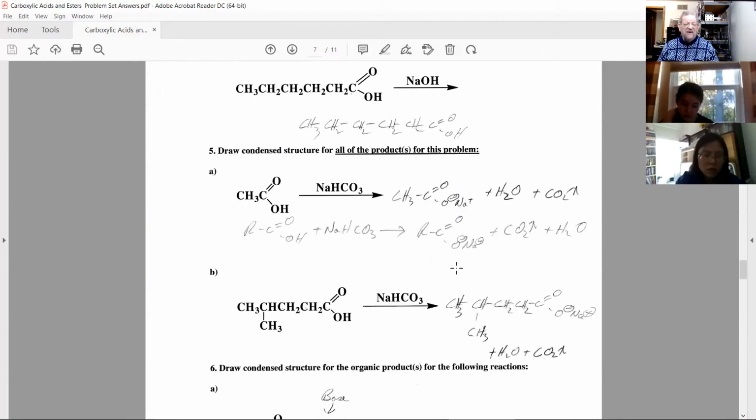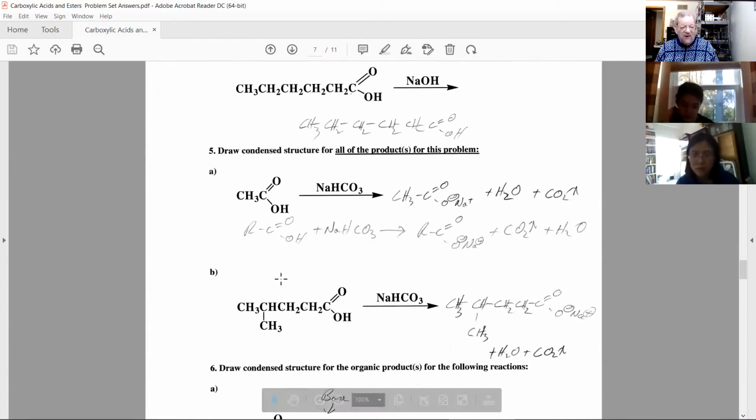Now, let's look at number 5. This is different. Draw the condensed structure for all of the products for this reaction. And the reaction is reacting a carboxylic acid, that's what this is, with baking powder to form the carboxylate anion.